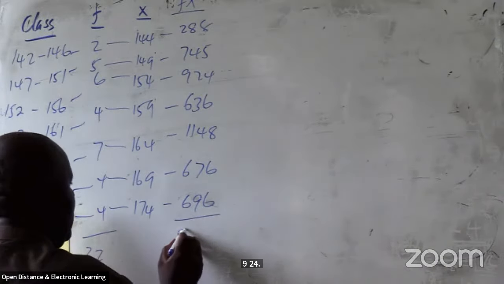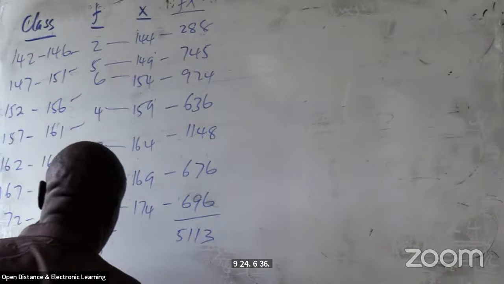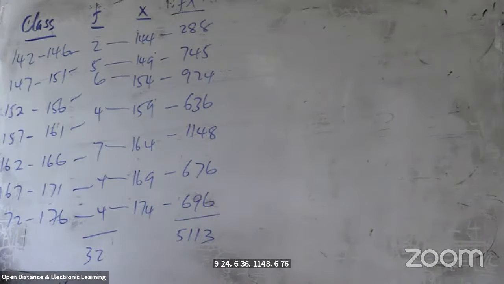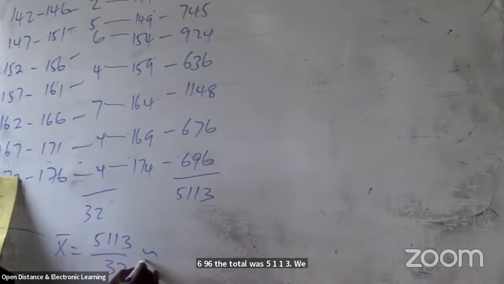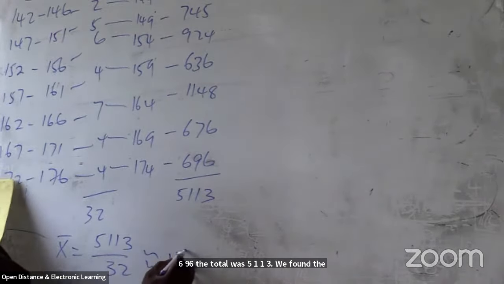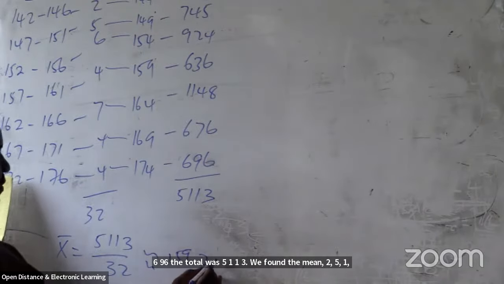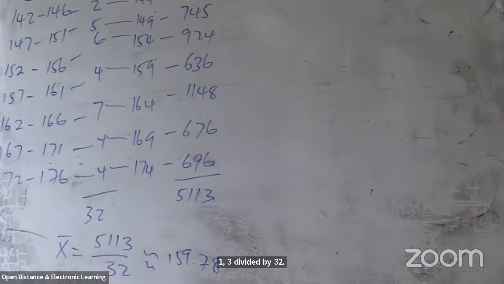The total was 5113. We found the mean to be equal to 5113 divided by 32, and this is what we approximated to 159.78.